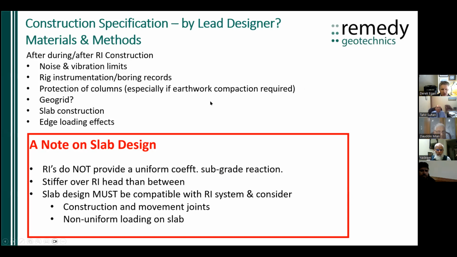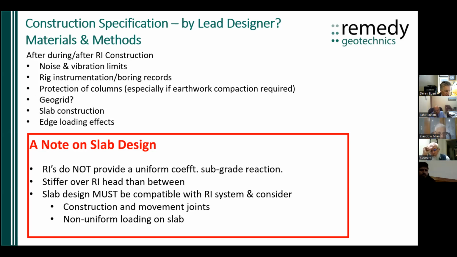Protection of the columns. So if the columns are installed and the specialist contractor goes away, it may be the general groundwork contractor or the main civil engineering contractor who then comes on and has to recompact the load transfer platform and place the slab.